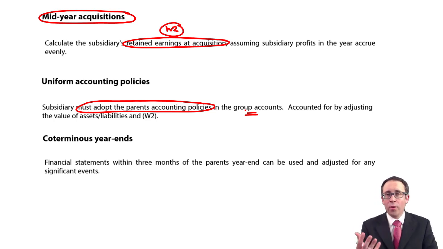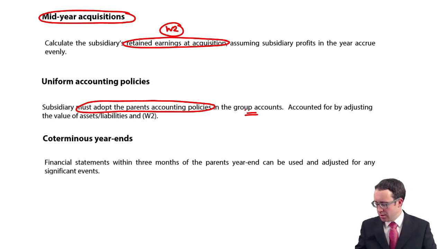And all we do is a little bit similar to your fair value adjustments that we've seen previously. We adjust the value of the assets and liabilities by debiting or crediting them, and then the other side goes to working 2, adjusting the retained earnings, because that's then adjusting the net assets at the reporting date and potentially at acquisition.